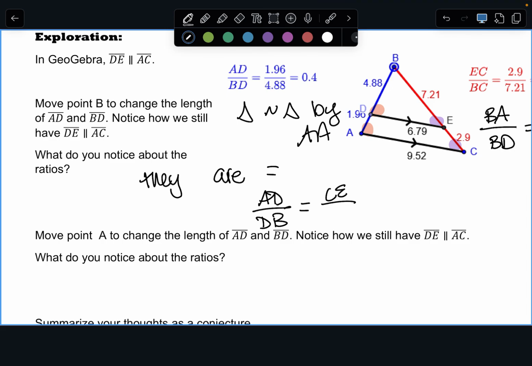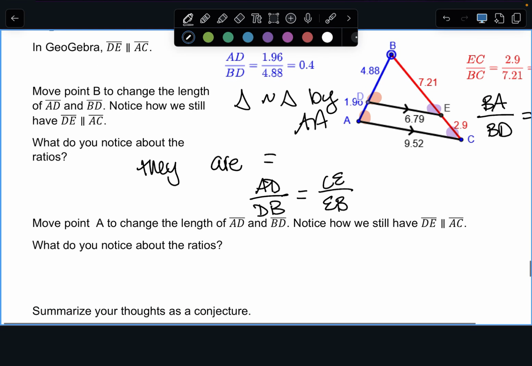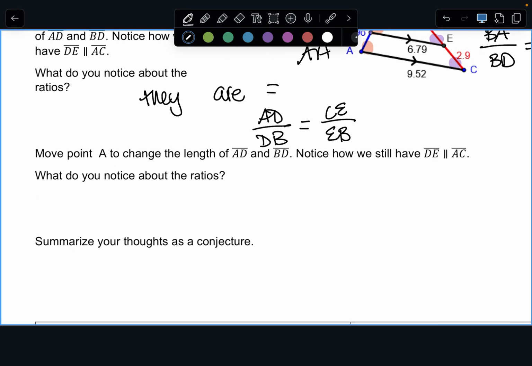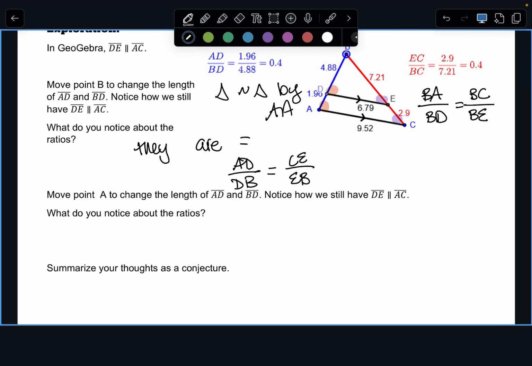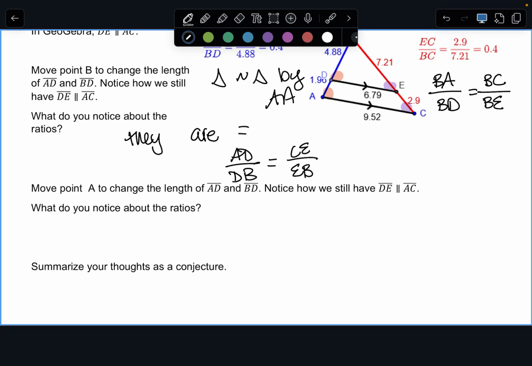We learned that it's equal to CE over the other red part, EB. And we also learned that no matter how I moved B around, if I made this segment bigger or the red segment bigger, as long as these two lines were still parallel, the ratios were still equal.